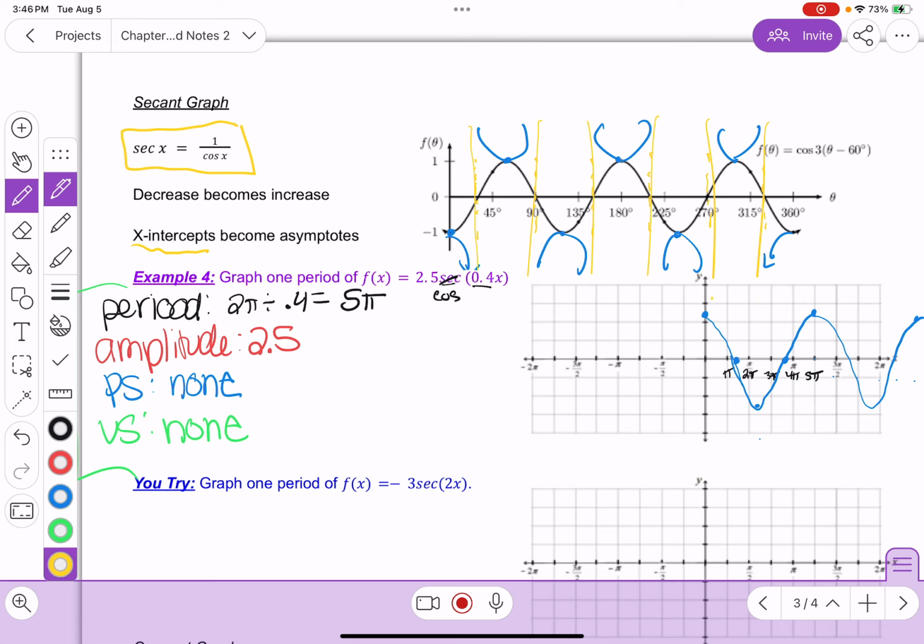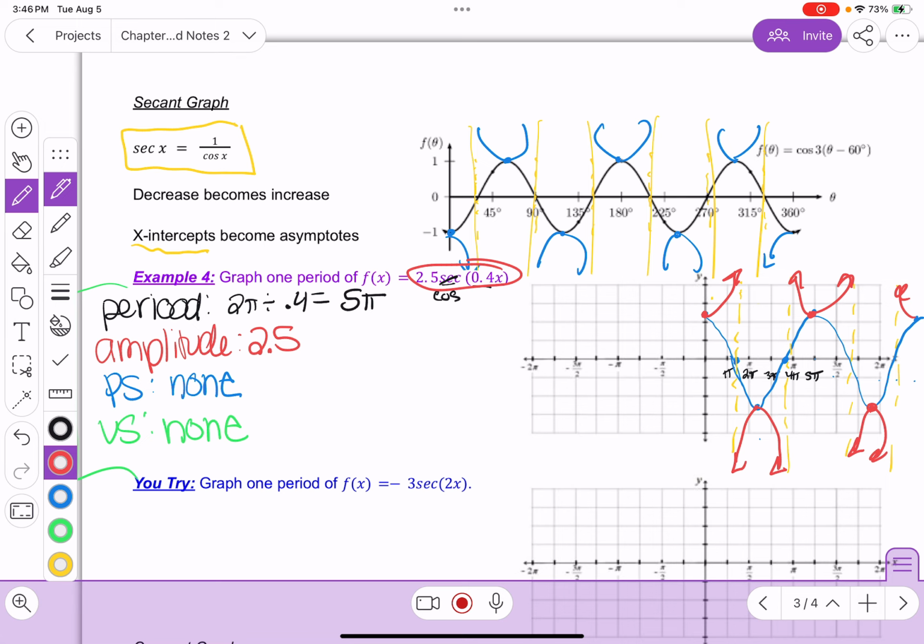Our x-intercepts become the asymptotes. And then we just flip our bumps. So the maxes become minimums, the minimums become maximums. And the red is the secant graph.